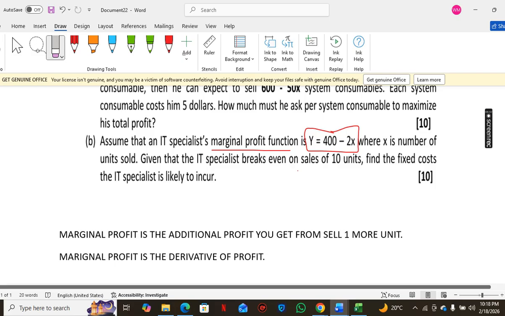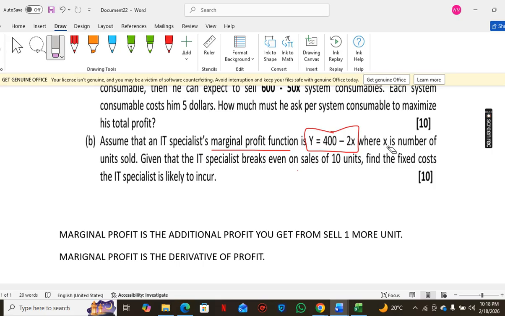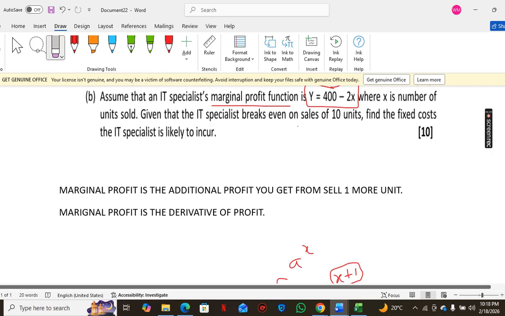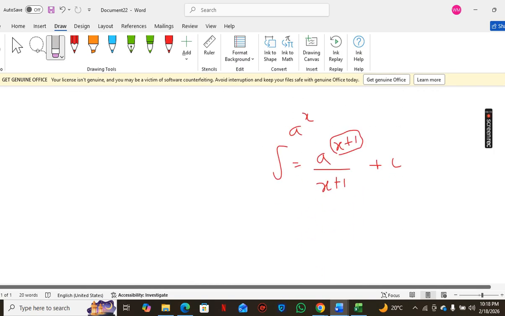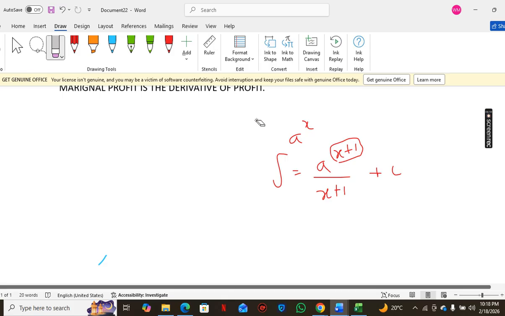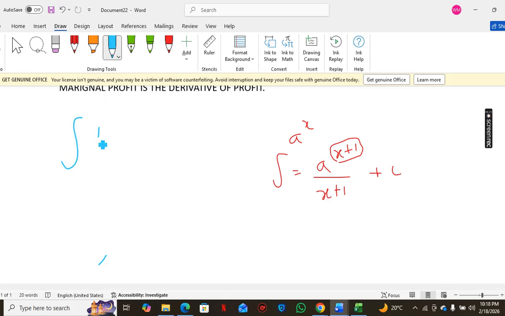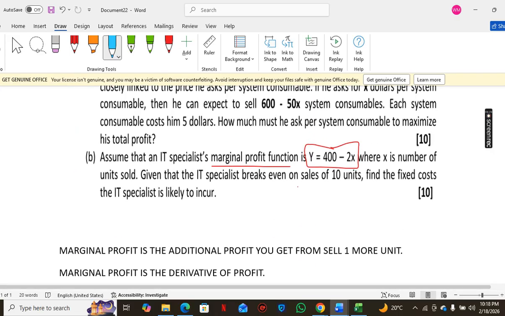Since we know the marginal profit is the derivative of the profit, to get the profit we have to integrate, we have to move backwards. So first things first, we need to integrate 400 minus 2x.